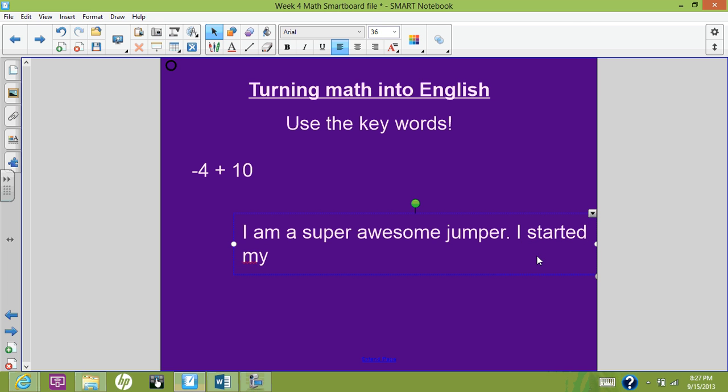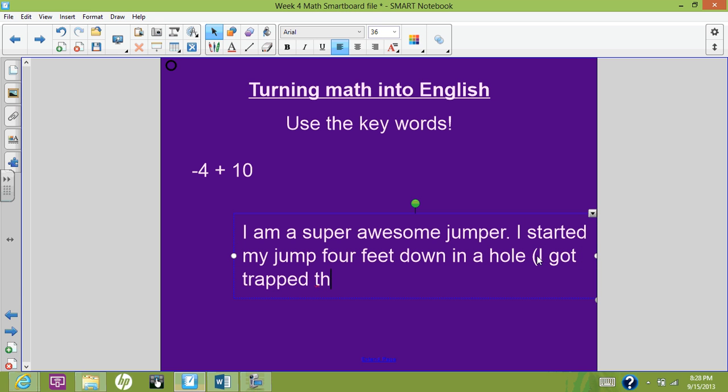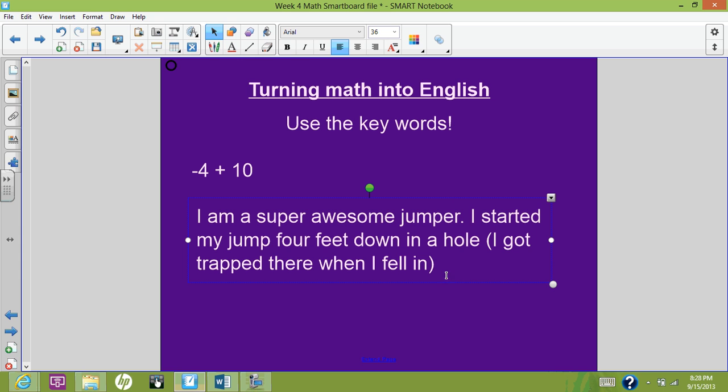I started my jump 4 feet down in a hole. I got trapped there when I fell in. See how much fun you can make it? I know. Math is so awesome. Okay, so I started my jump 4 feet down in a hole.